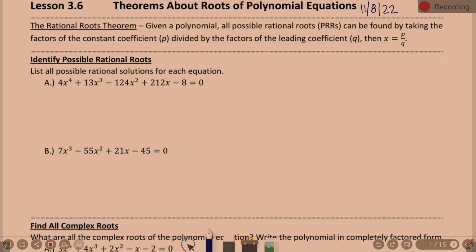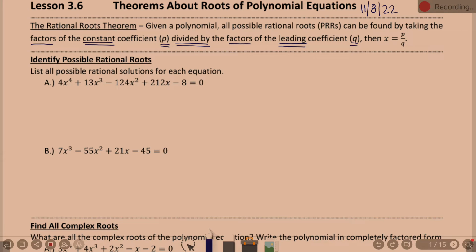And that gives us P over Q. So, keys here: we're going to do factors of the constant coefficient, and we call that P, divided by factors of the leading coefficient, and we call that Q. Thus, if you hear me talk about P over Q, that is factors of the constant coefficient divided by factors of the leading coefficient.